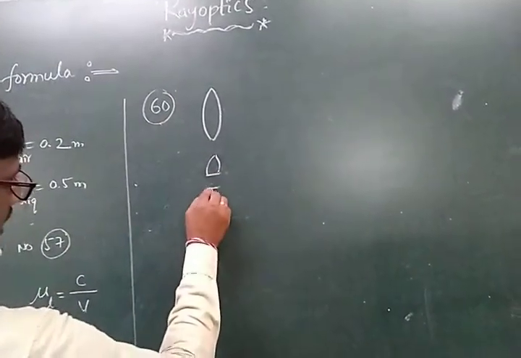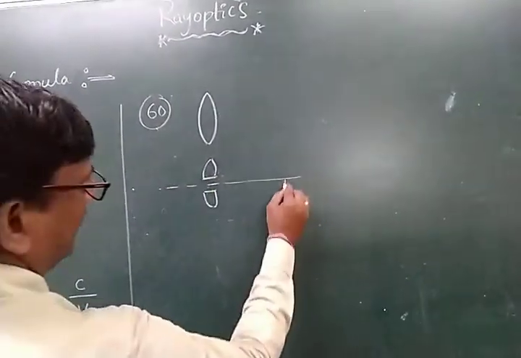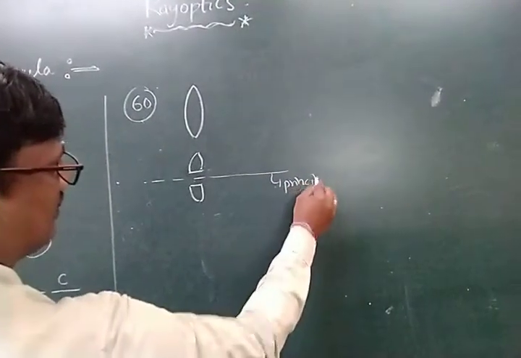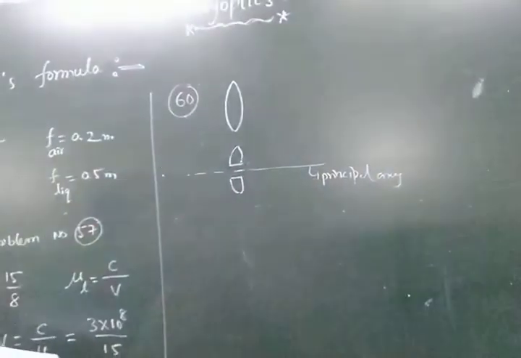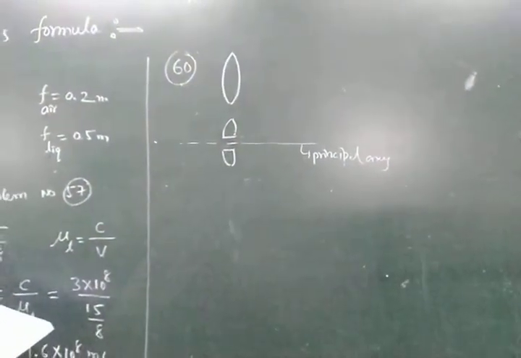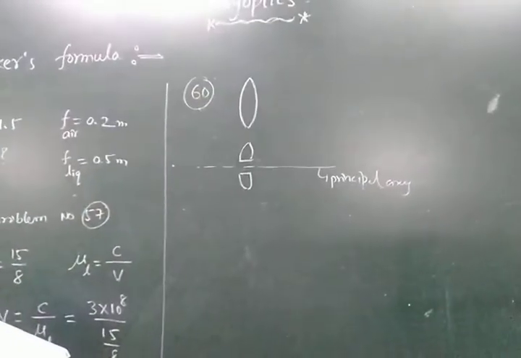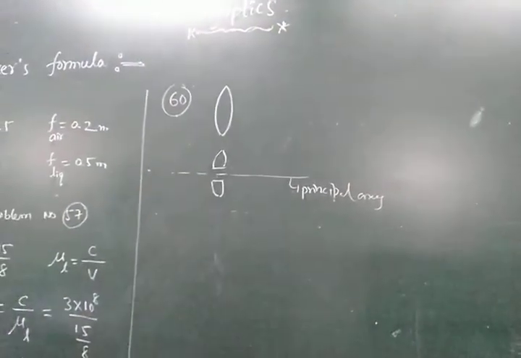This is the principal axis. Then the pieces are further cut, C and D, perpendicular to each other.